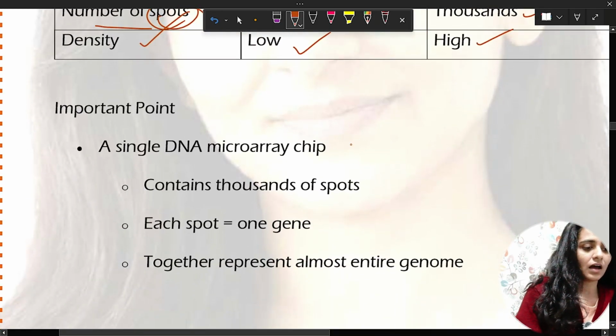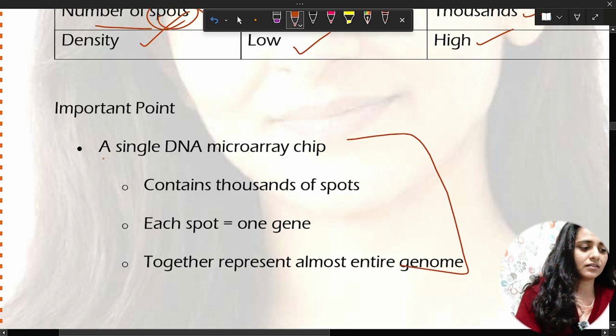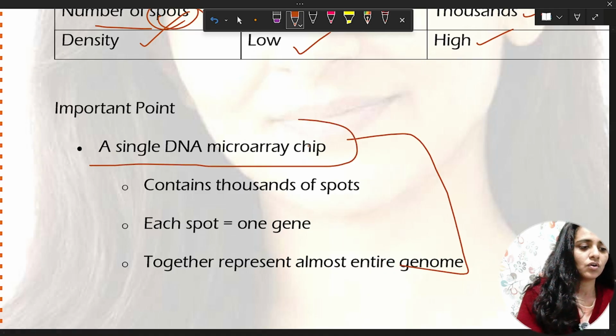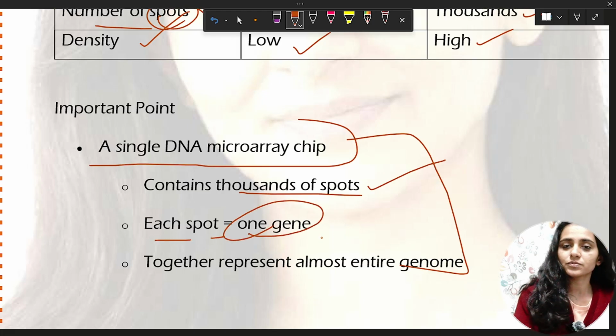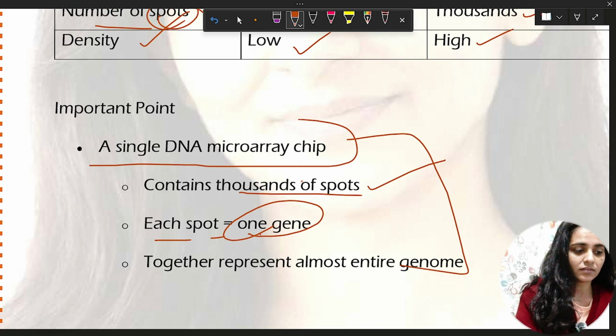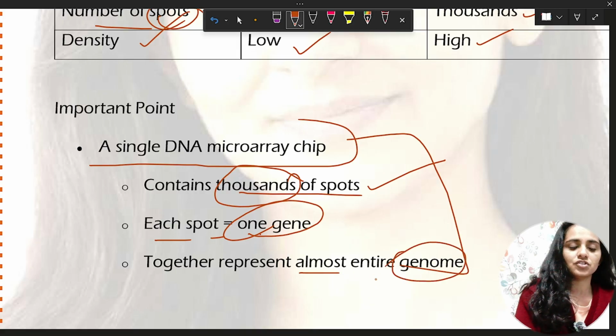Important points are those we have already discussed. A single DNA microarray chip contains thousands of spots, and each spot is considered one gene. Remember that. So this many spots cover almost the entire genome.